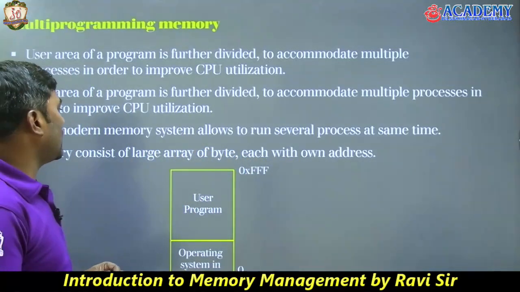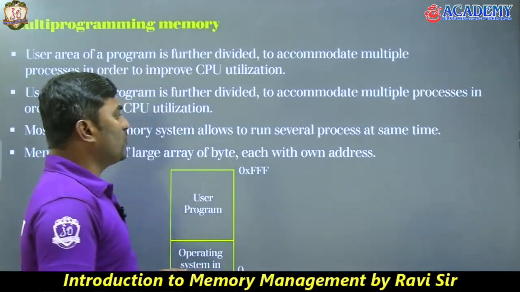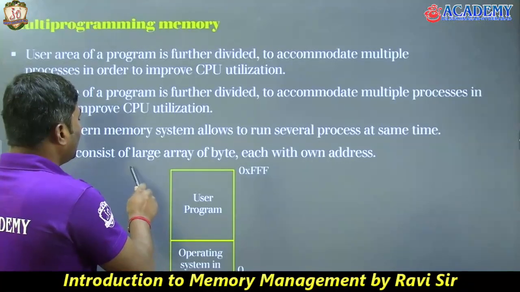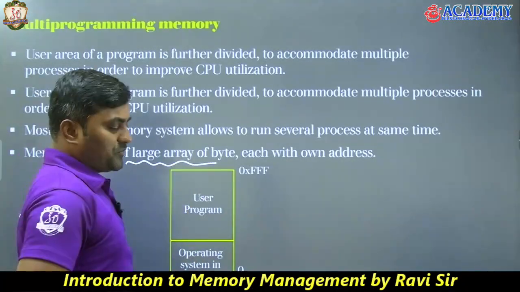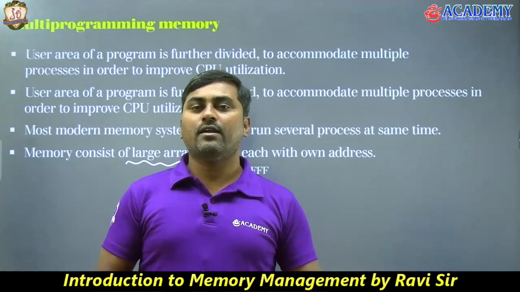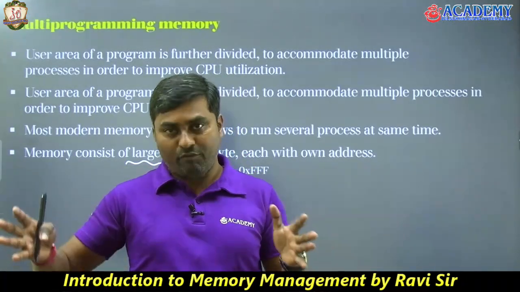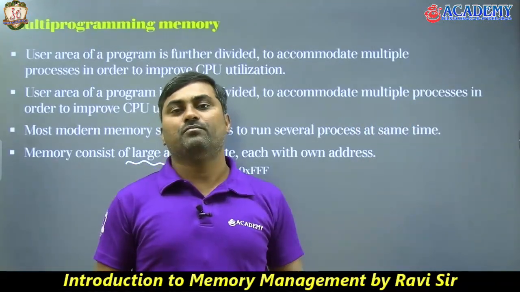Memory consists of a large array of bytes, each with its own address. So how to visualize the memory? Simply, it is a large array of bytes. You have to visualize it as a one-dimensional array of bytes or words.